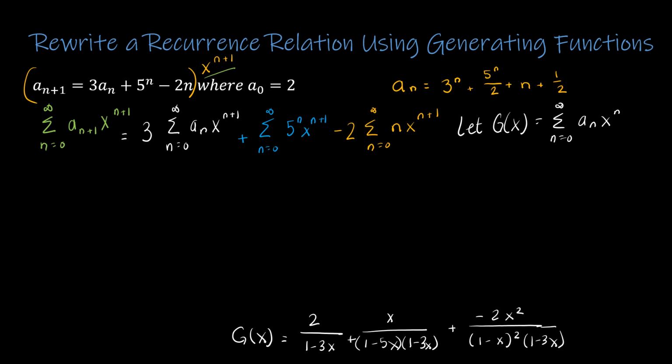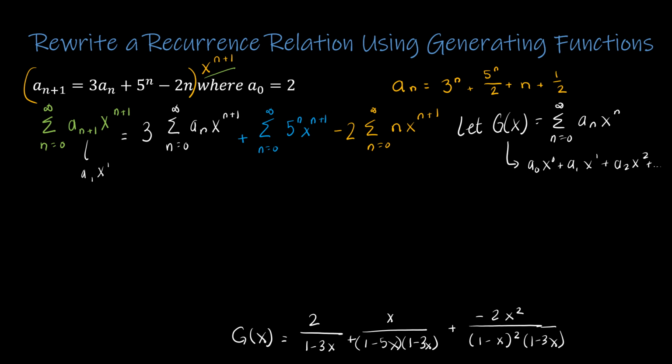G of x, if you'll recall, gives me a sub 0 x to the 0 plus a sub 1 x to the first plus a sub 2 x squared, and so on. If I look at this first value, this would actually be a sub 0 plus 1 x to the 0 plus 1.